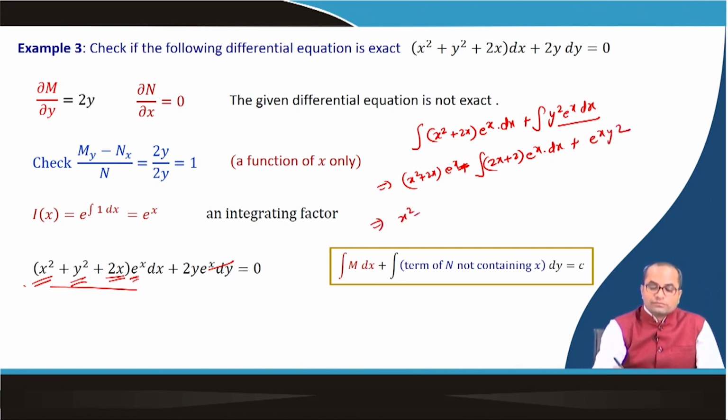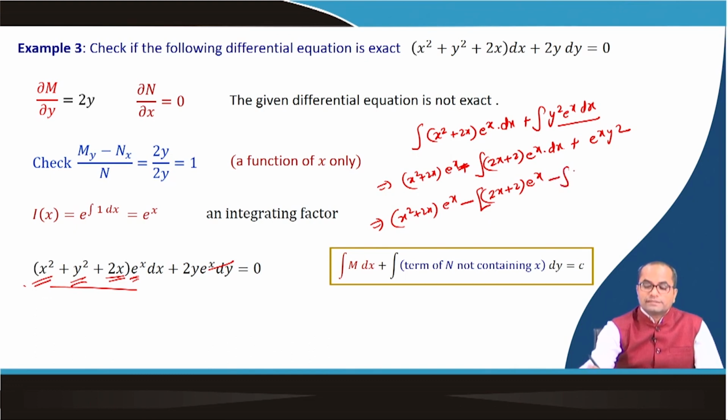Here we have x square plus 2x e power x as it is, with the minus sign again by parts, so we have 2x plus 2 times e power x, and then minus the integral of 2 e power x dx, and then we have e power x and y square.